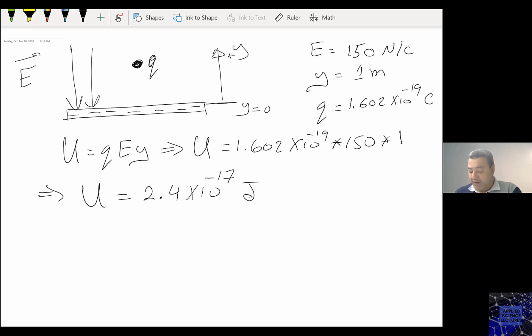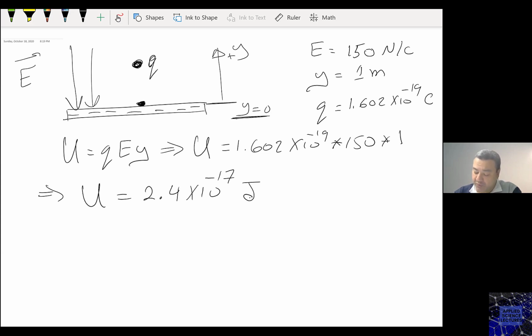Okay, so now the potential energy here, just for the sake of understanding, since we have taken this reference as 0, then definitely my electric potential energy at this point is assumed to be 0. Now the next part is what direction will the proton move if it's released?